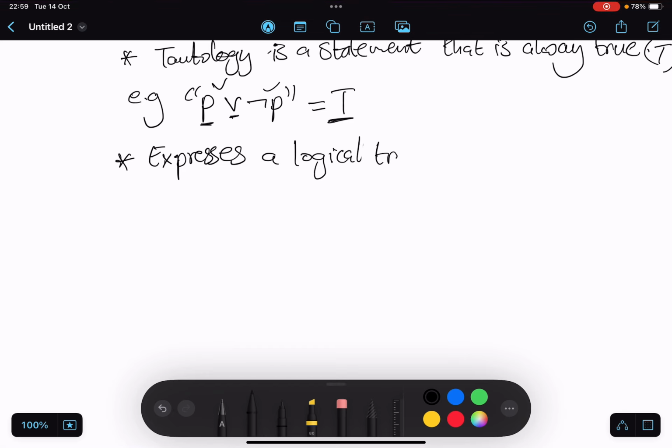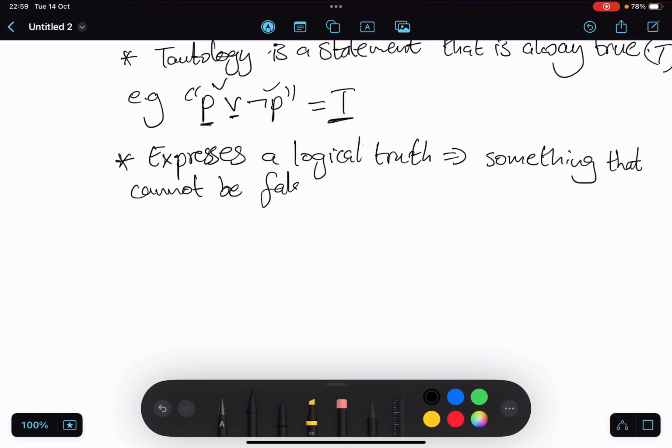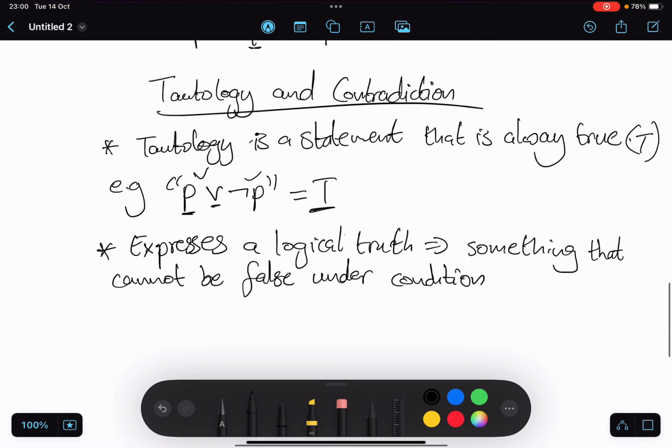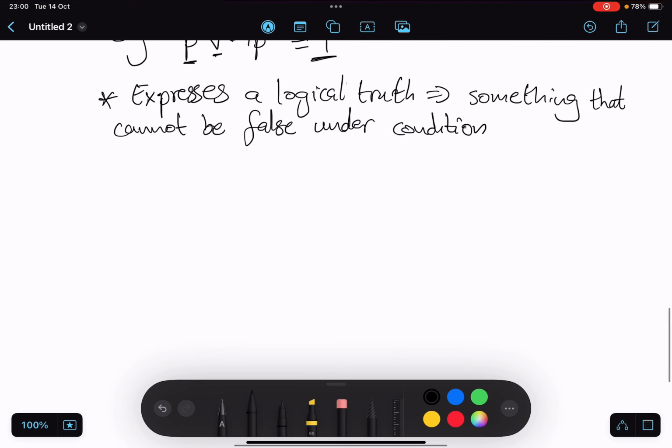And this means something that cannot be false under any condition. It cannot be false under any condition. It's always true. And we can evaluate tautology using the truth table, let's say you have your truth table.